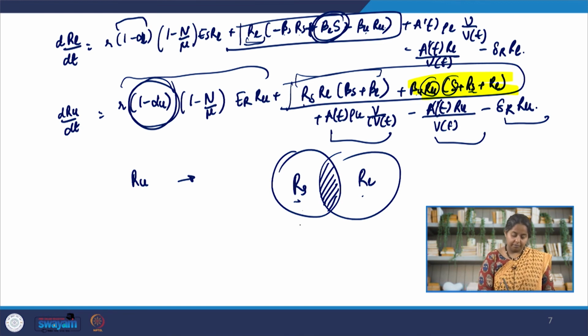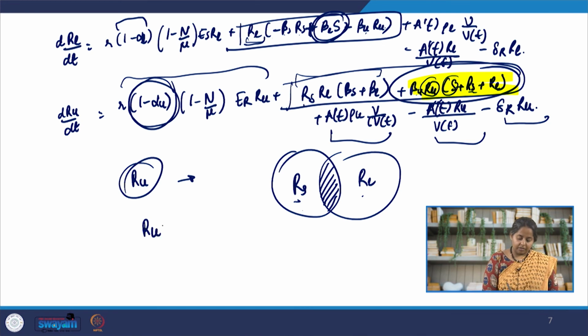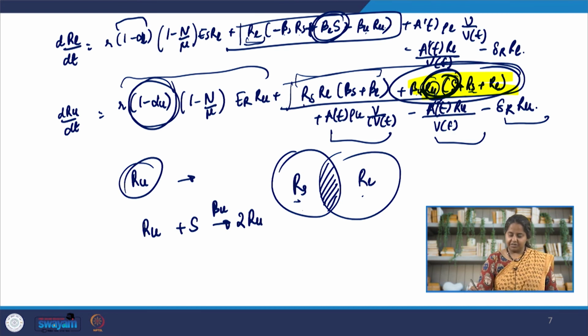So to become RU, to become multi-drug resistant, the three major ways are that a multi-drug resistant bacteria interacts with a sensitive bacteria. Here we have beta U and then we have 2 RU. So this is what you are seeing here. Okay, so this is the first term here.